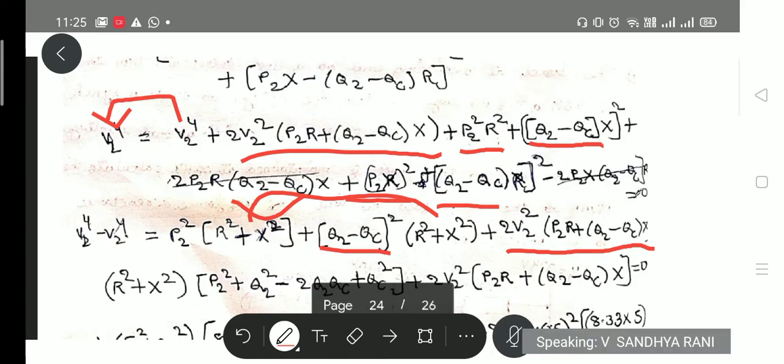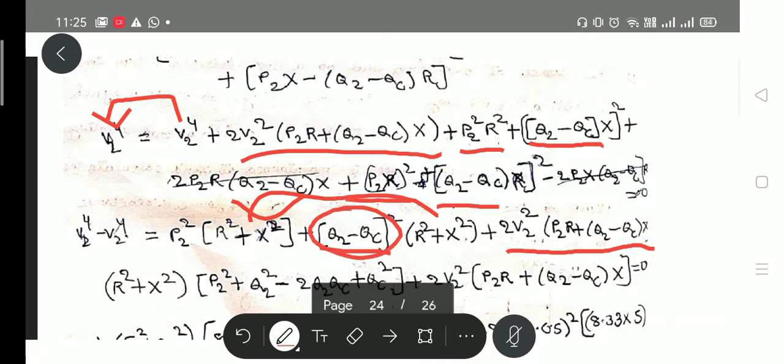So, what we will get? P2 square plus this one we can do the A minus B whole square, Q2 square minus 2 Q2 QC plus QC square, okay, plus 2 V2 square P2R plus Q2 minus QC into X, as it is I am writing this one, equal to V2 power 4 V2 power 4. So, 0.